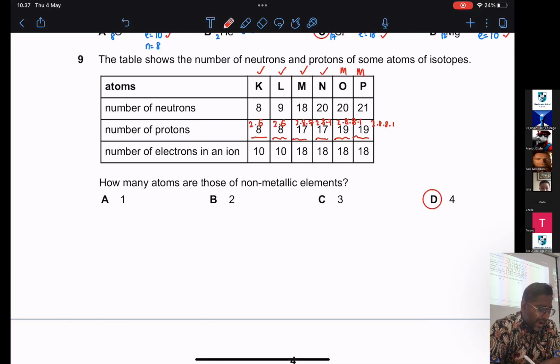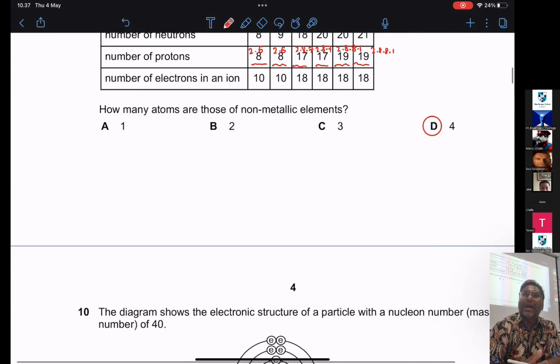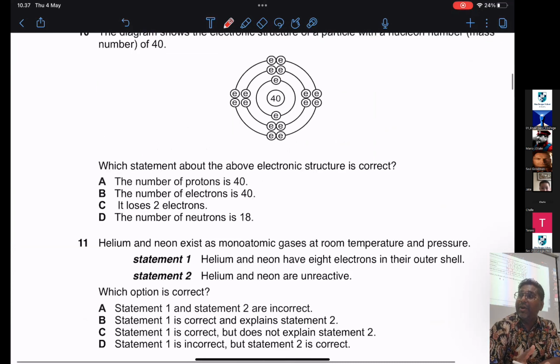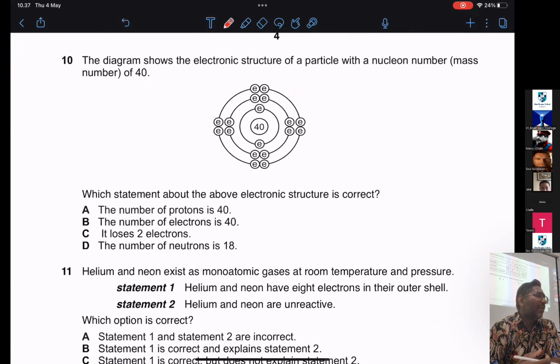You can ask me why we are not looking at the electron in the ion. We are looking at atom, we are not looking into ion. So we have to look at the proton. Proton will be the same as number of electron. So this one, 2, 8, 7, group 7.